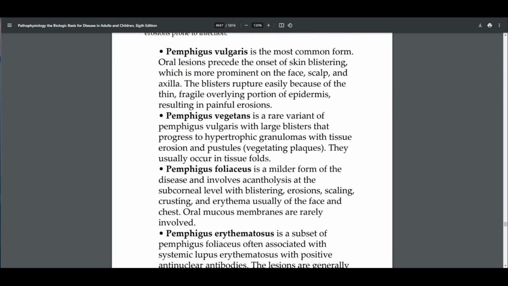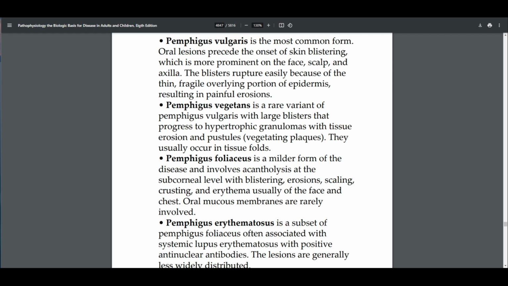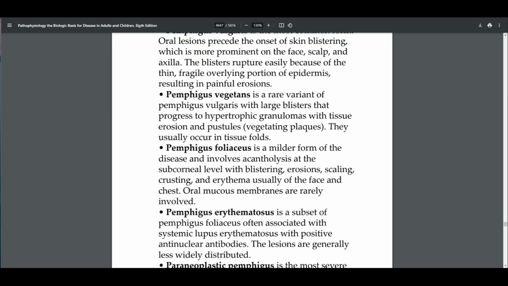So, pemphigus vulgaris is the most common form. Oral lesions precede the onset of skin blistering, which is more prominent on the face, scalp, and axilla. The blisters rupture easily because of the thin, fragile overlying portion of the epidermis, resulting in painful erosions.